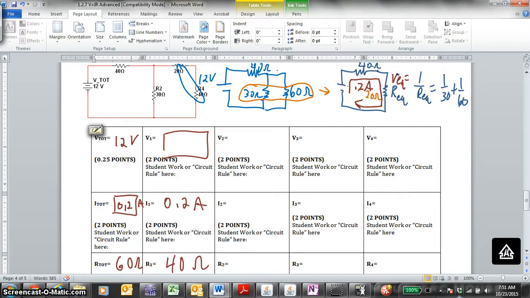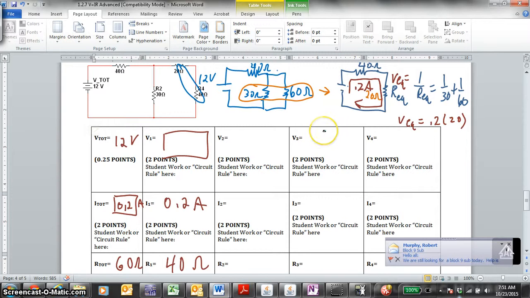For this resistor, you got a 20 ohm resistor in this picture, 0.2 amps flowing through it. VEQ equals IR, which is 0.2 times 20. Hopefully that gets you to the answer. So VEQ would be 4 volts.